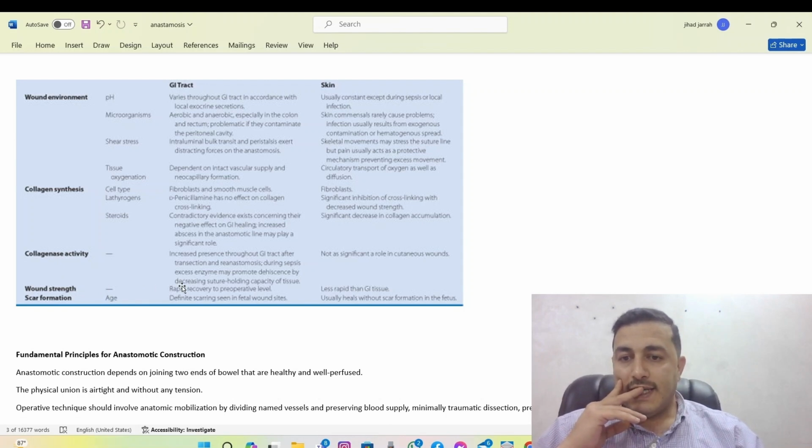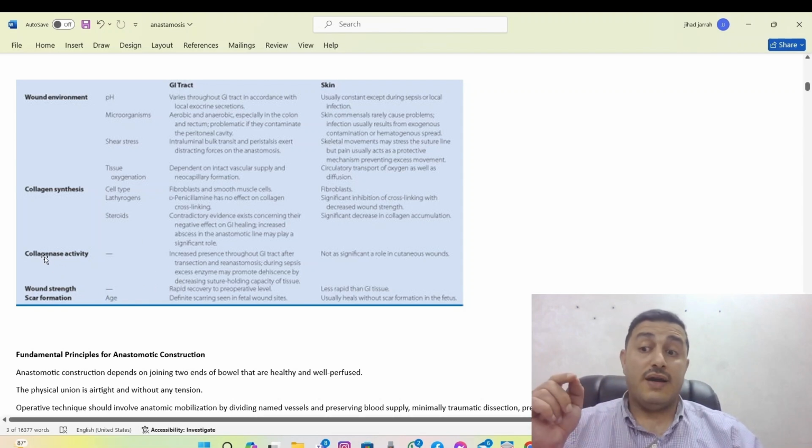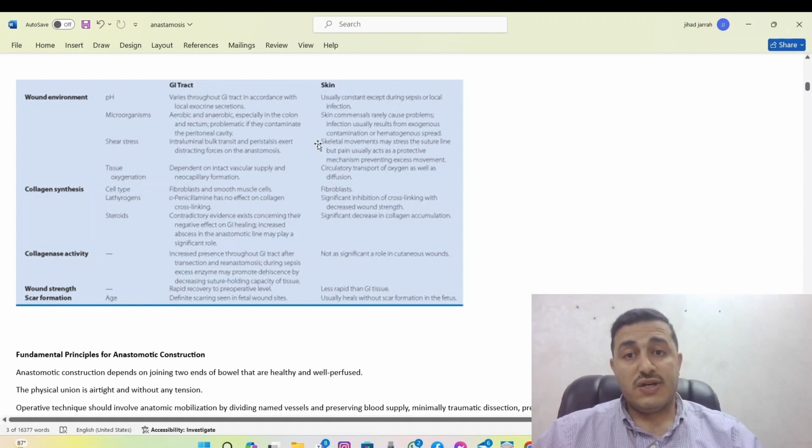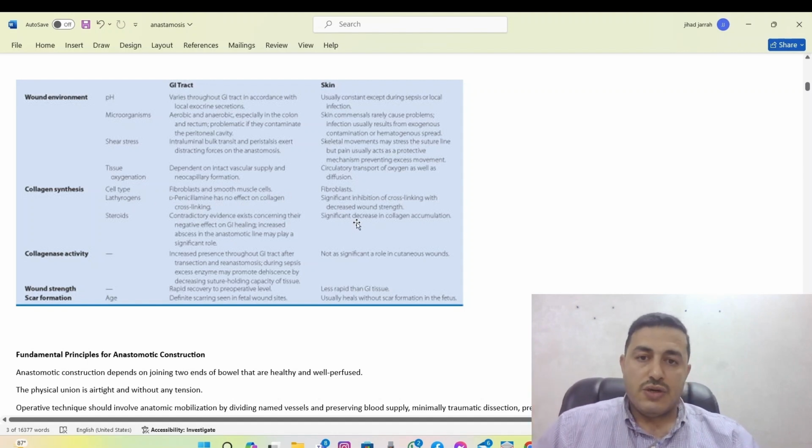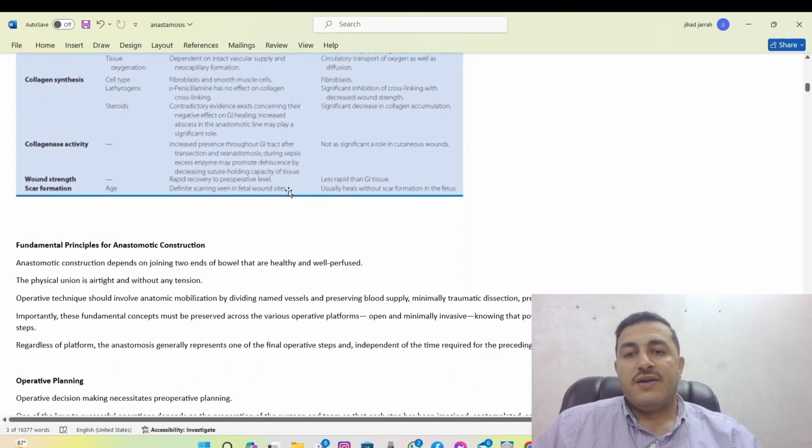What else? They highlight the important collagenase activity. Collagenase activity is increased throughout the GI tract, while in the skin it is of no significance. Also, D-penicillamine has no effect on collagen cross-linking in the GI tract, while D-penicillamine significantly inhibits cross-linking in the skin.